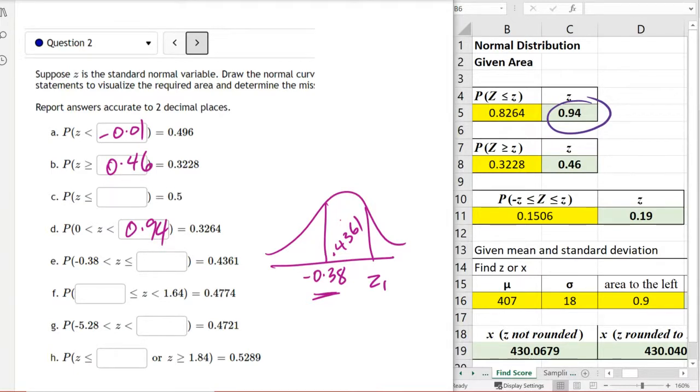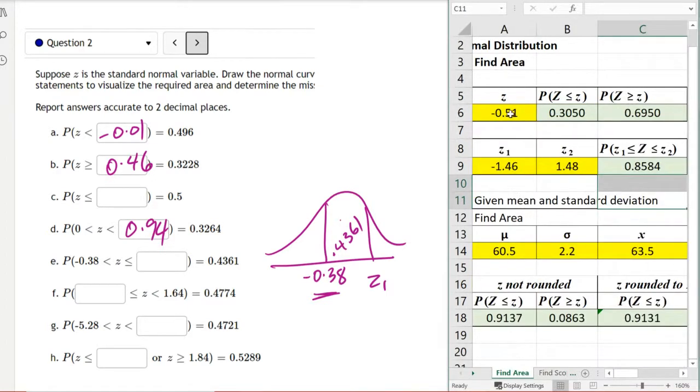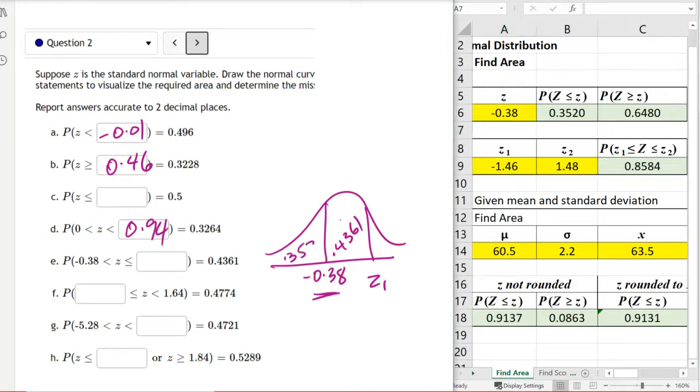So that will take us to the other table, the other calculator here, and find the area below negative 0.38. Okay, so it gives us that area, less than area to be 0.3520.